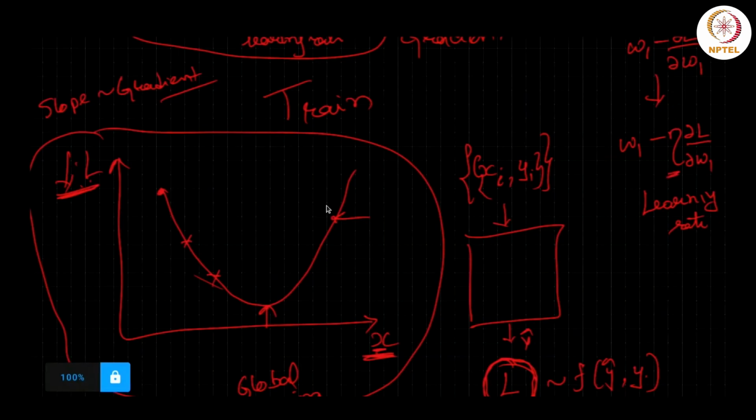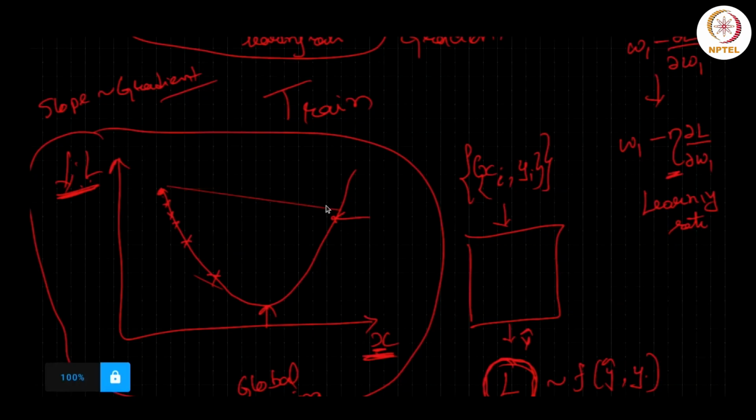If eta is very, very small, instead of taking a larger step, you take a smaller step, right? So by controlling eta, what you're controlling is the quantum of the step that the model is taking, and it should not be too large. It should not take such a large step that it ends up here, right?